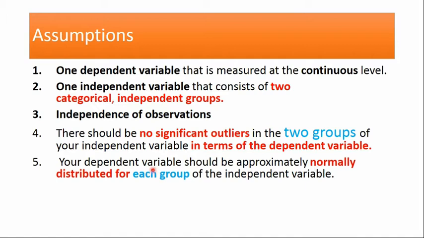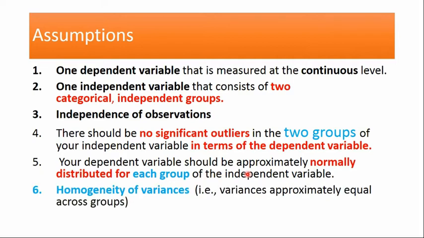Fifth, your dependent variable should be approximately normally distributed for each group. Same here. When we check normality of our data, we will check for each group, for male separately and for female separately. Sixth, homogeneity of variances means the variances are approximately equal across groups.